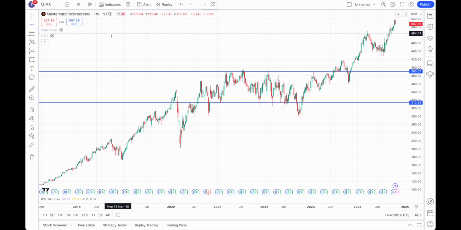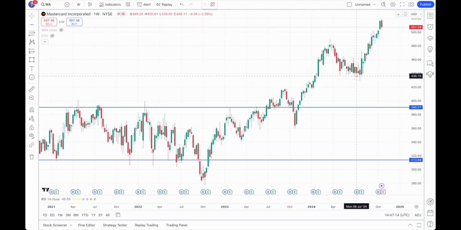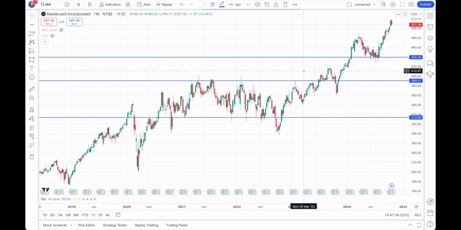If I was to have a look at any other levels, maybe if I was to zoom in, maybe around here, I'd say. About here, you've got so many touches of this. So I know this is an important level. What does that mean? If prices do come to this level, I'd consider buying. If it comes to this level, even better, and even better if it comes all the way down here. So this is just an example of how support and resistance can be used.